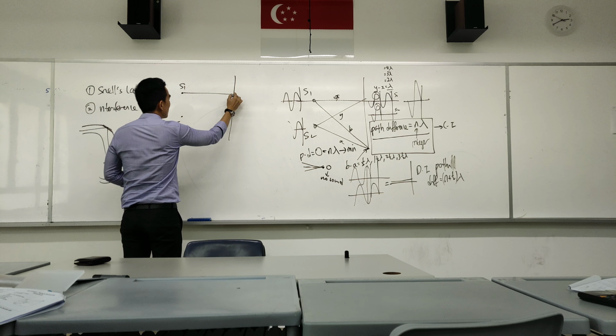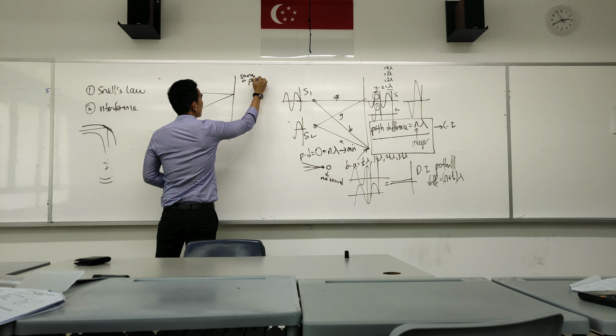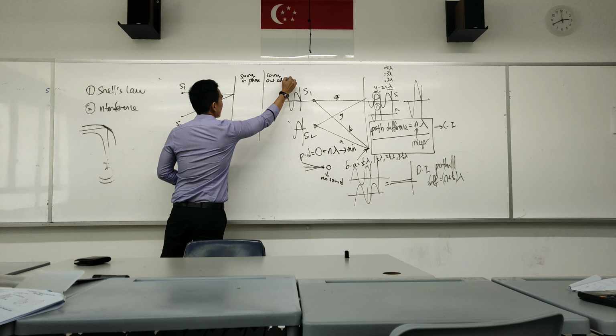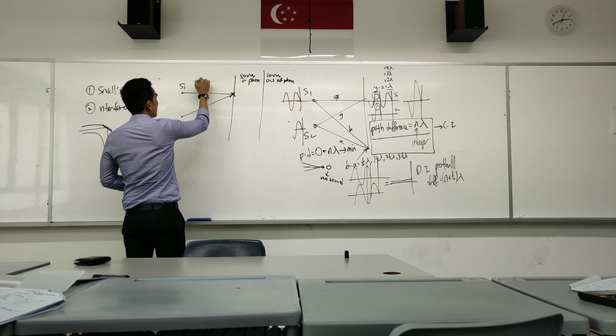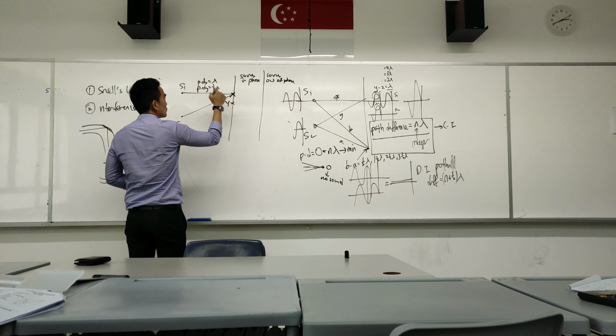Let's consider when the sources are in phase and when the sources are out of phase. Now, can you see that at point x, the path difference is equal to lambda, and at y the path difference is half lambda. So this is x, this is y.